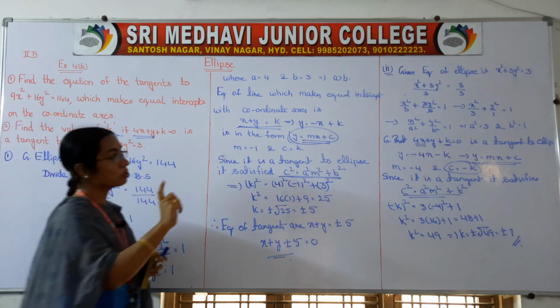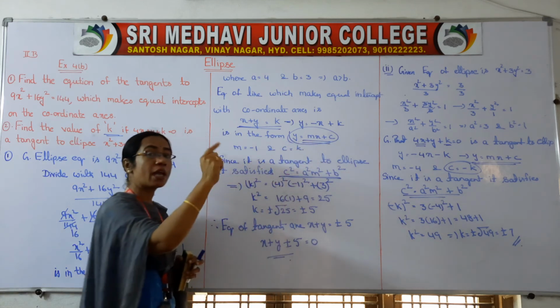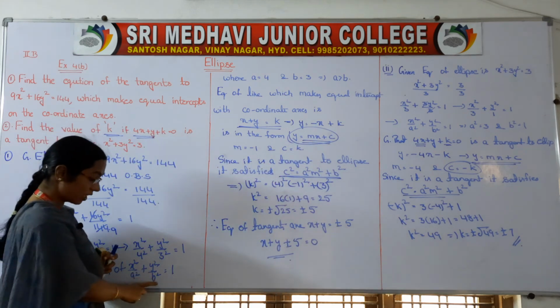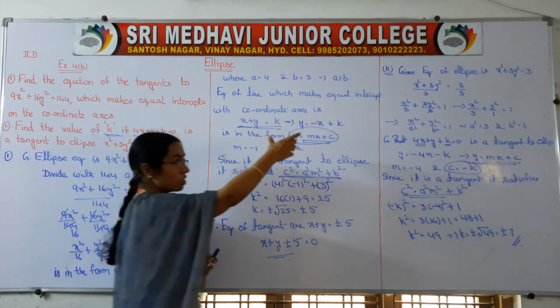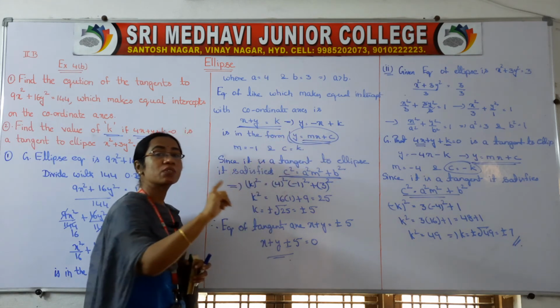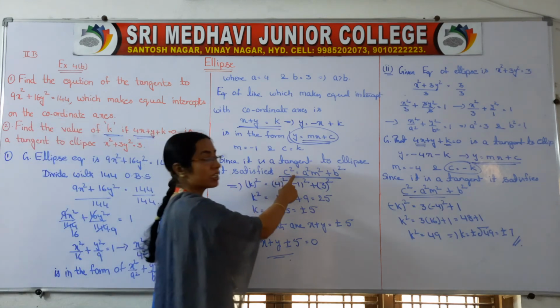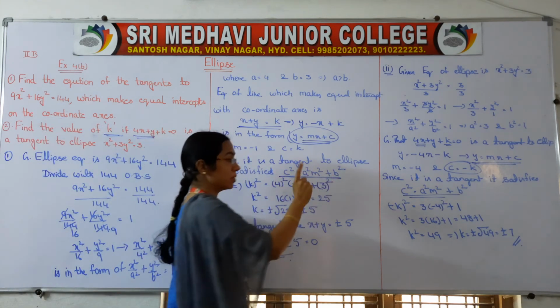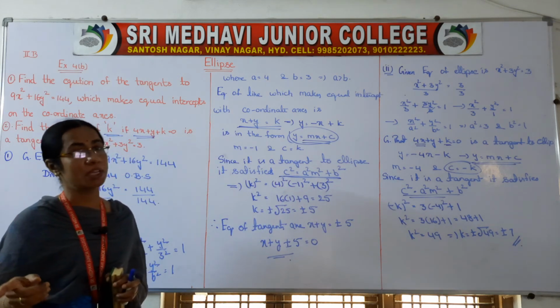Similarly, we reduced the line equation also in the form y is equal to mx plus c. So, after reducing, you will know your a and b values, and after reducing the line equation, you will get your m and c. So, the condition is c square is equal to a square m square plus b square. We need c value, m value, a value, b value.